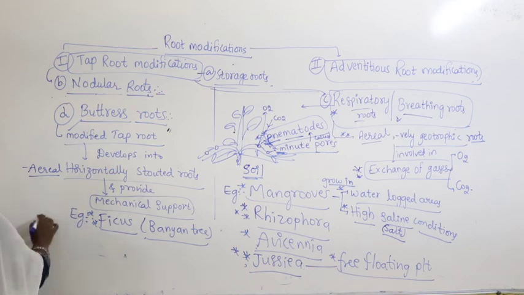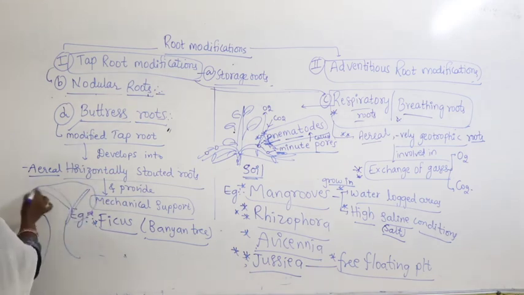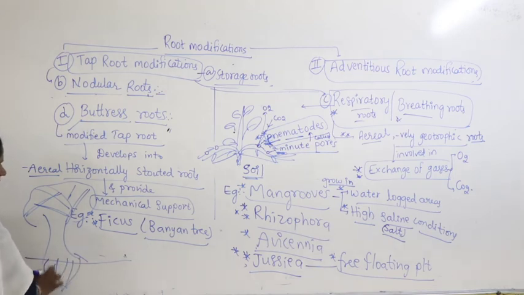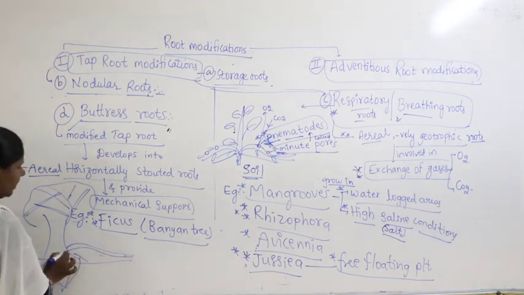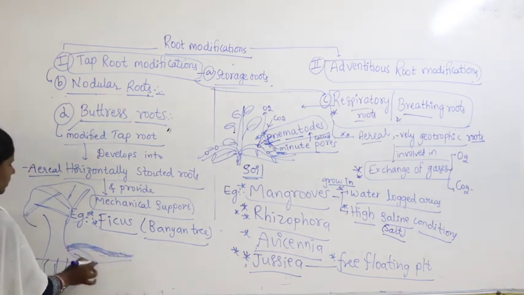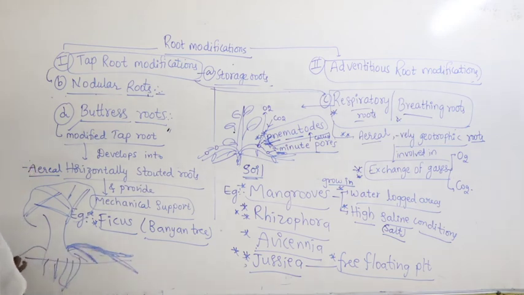So you know what happens in the case of a banyan tree. This is a banyan tree, generally a huge plant. Some of the roots penetrate inside the soil, as well as come aerially, very thick and horizontally growing roots. They grow like this. They penetrate into the soil also. This is soil.